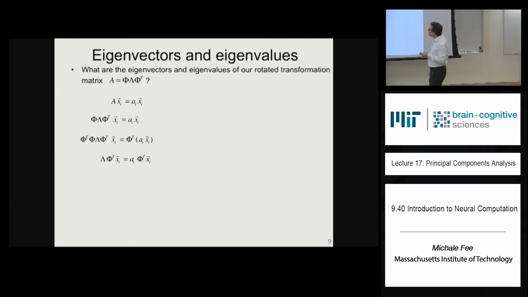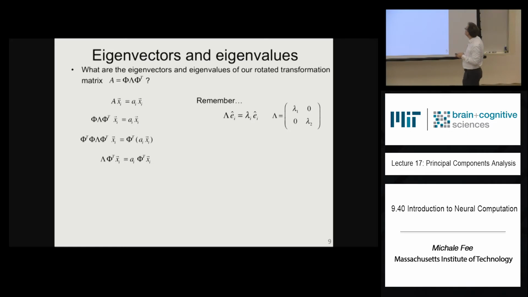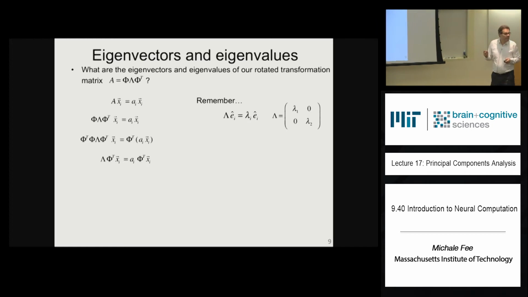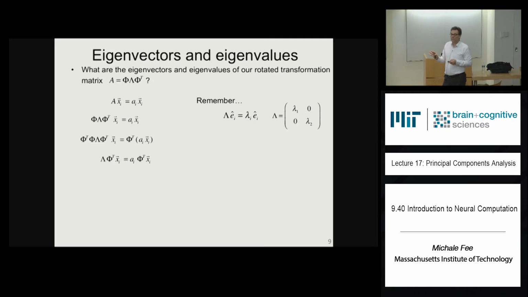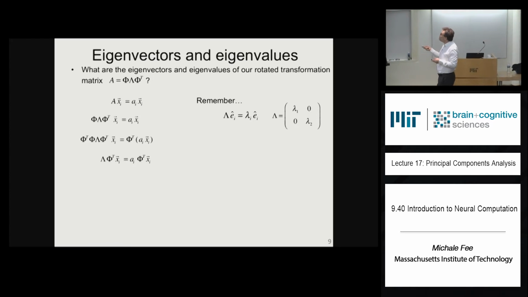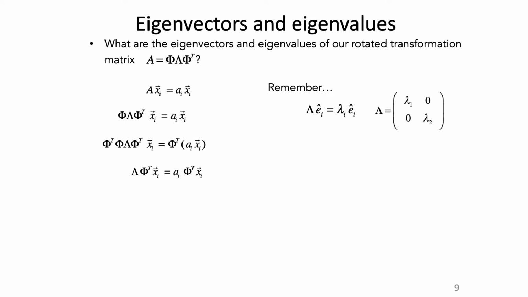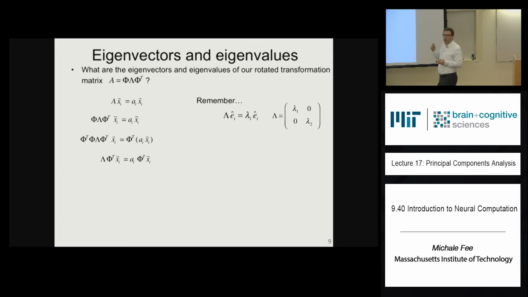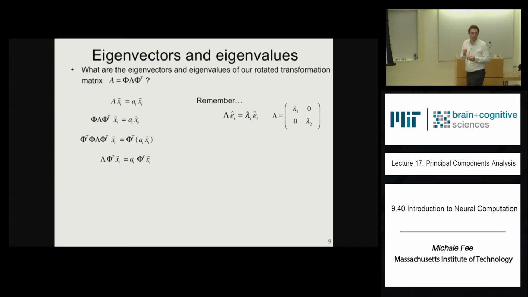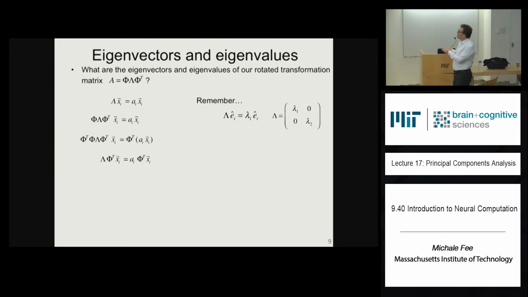Remember that we just wrote down that if we have a diagonal matrix lambda, the eigenvectors are the standard basis vectors, right? So what does that mean?